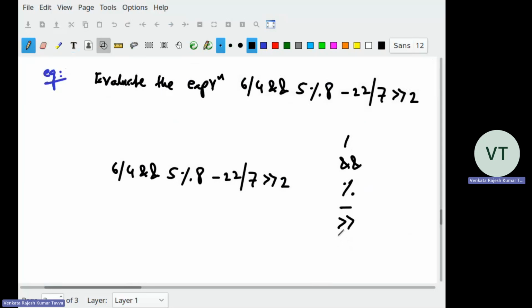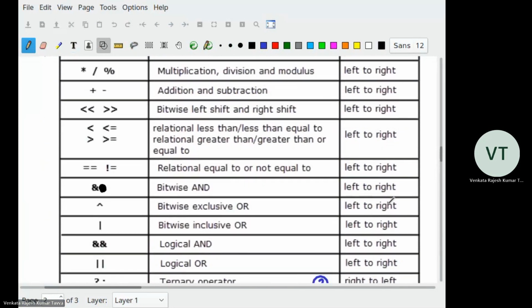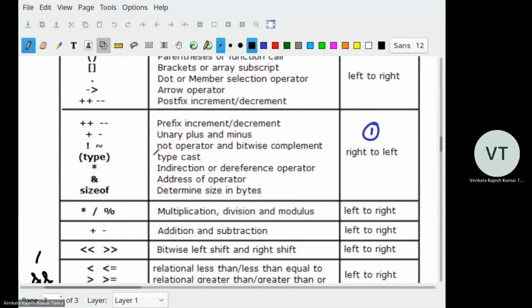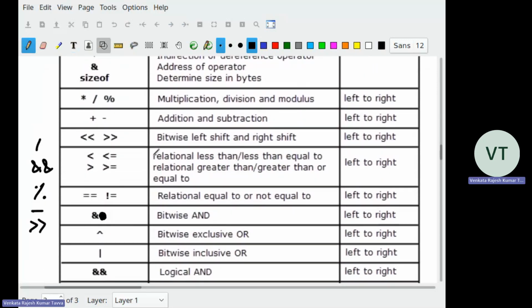So now let me go to the table and divide them first according to their precedence. Among these, which operators have the highest precedence? Division and modulus, they have the highest precedence. Okay, so I will group them.